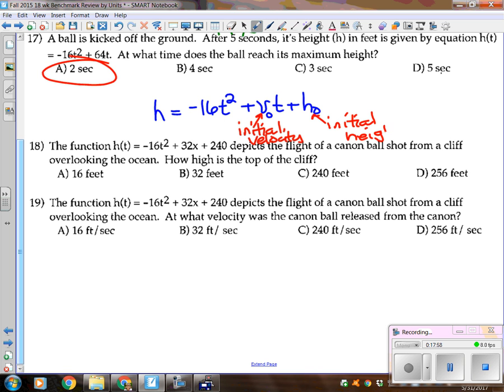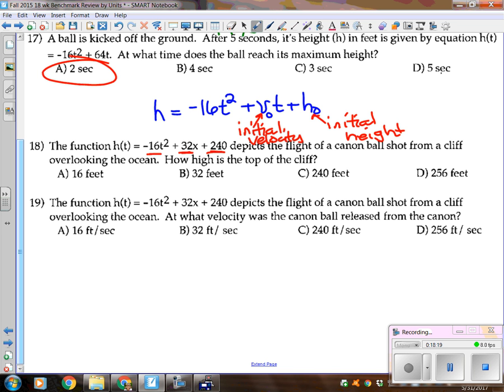Okay, so all I'm asking you for in 18 and 19 is, do you recognize the information that's given to you already in an equation? So here's our function, negative 16t squared, 32x, 240. Depicts the flight of a cannonball shot from a cliff overlooking the ocean. How high is the top of the cliff?